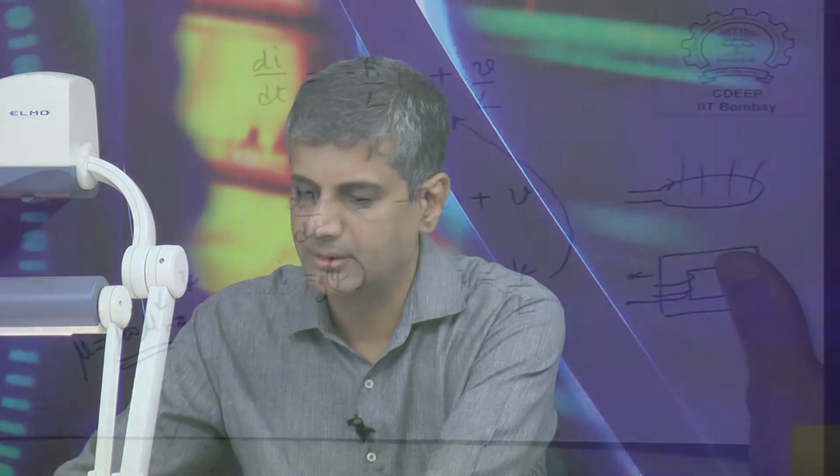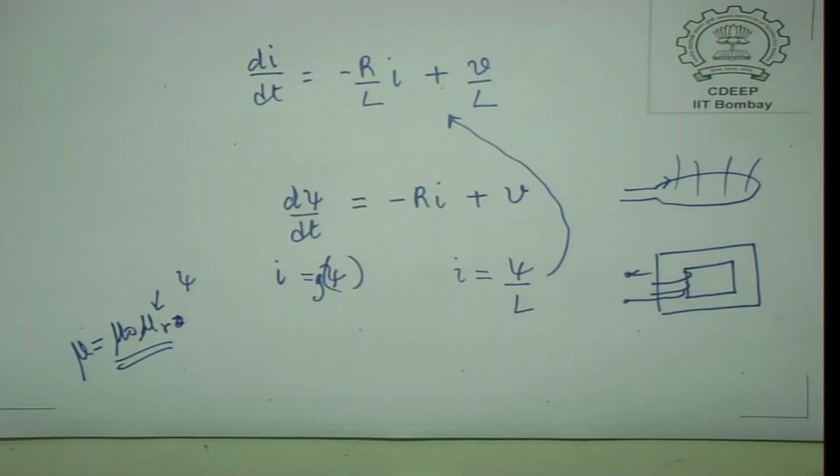So, we now move on to an interesting aspect, which is relating to a practical system in which this L is not a constant. In fact, we do not treat it as if it is a constant, but it is a function of the flux. I had discussed this some time ago. We assume that psi is equal to the flux linked.